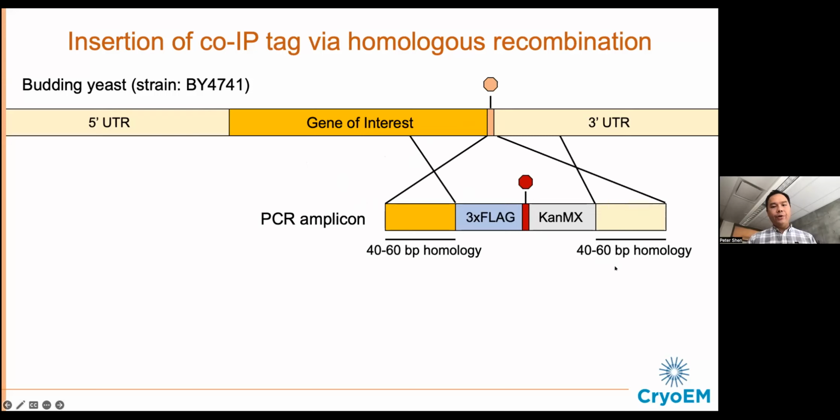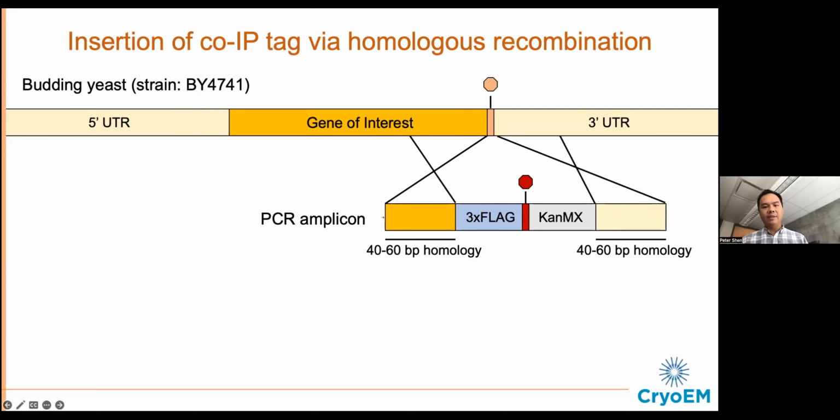What we do is we use PCR to amplify an in-frame tag with its own stop codon, along with a selection marker. This sequence is flanked by regions that share 40 to 60 base pairs of homology with the gene of interest.